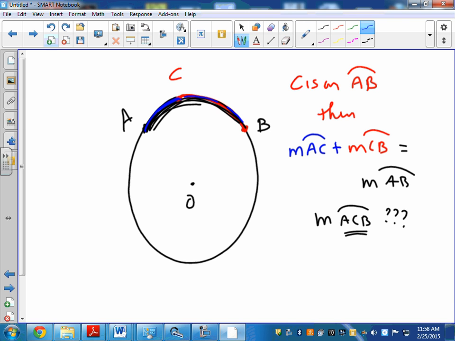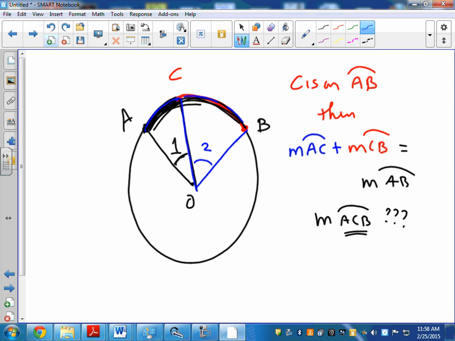Why does it work? Well, remember we have angles here. So that angle there, we'll call that angle 1. That's the same as arc AC. There's another angle, angle 2, and that's the same as arc CB.